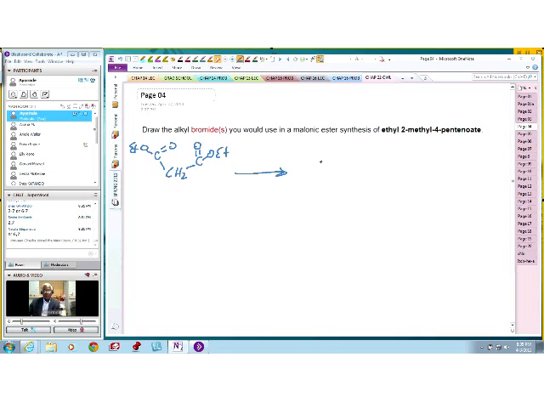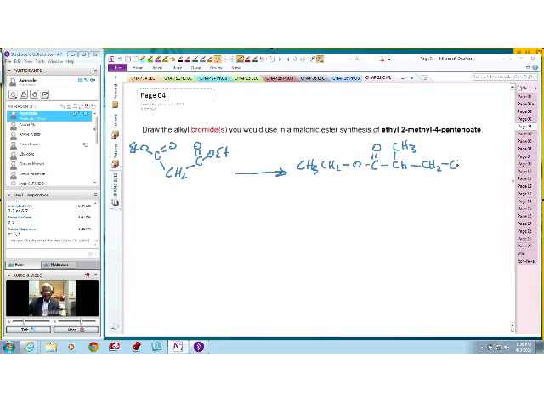And then they want us to make this compound here. Ethyl, it is an ester, ethyl 2-methyl pentanoate, the methyl group is in the 2 position, and then 4-pentenoate.